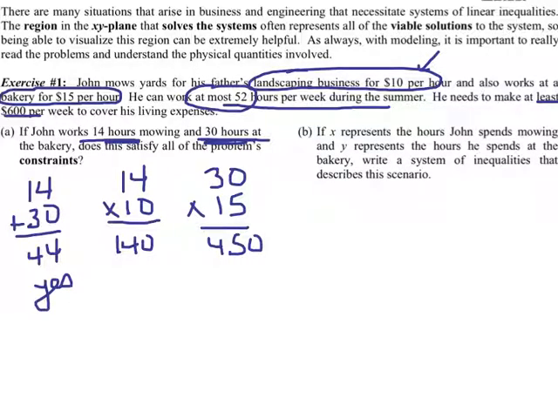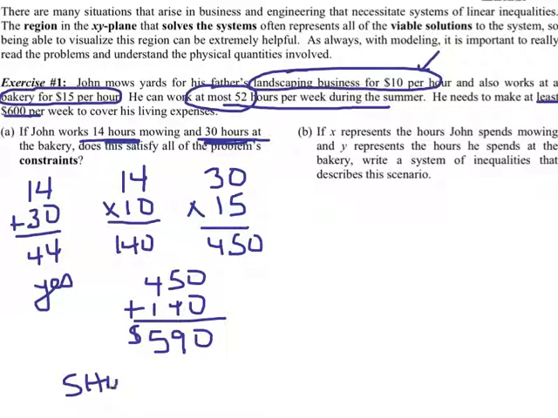Now if I add the two together, 450 plus 140, let's see how much money he made. Wouldn't you guys like to make this amount? That wouldn't be bad. $590. Did that make the quota of at least $600? No, the bottom line is no, he is short 10 bucks. So no, it didn't work there.